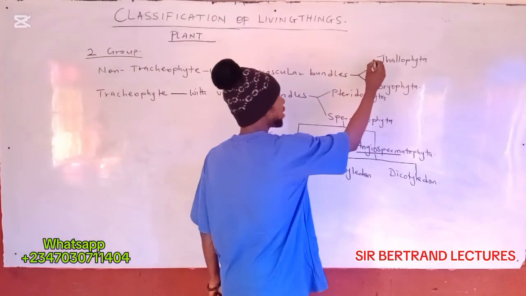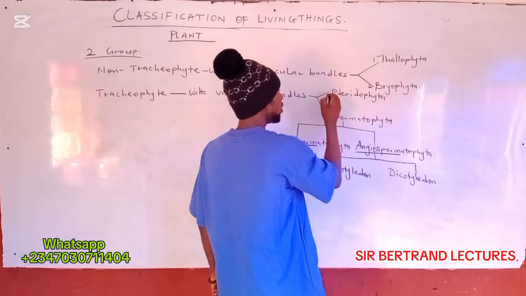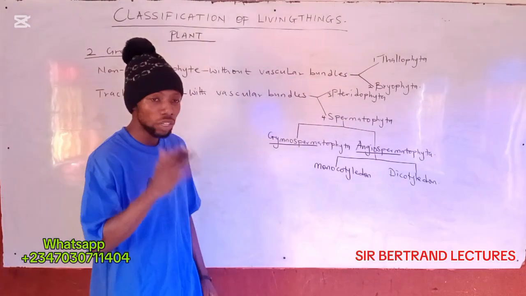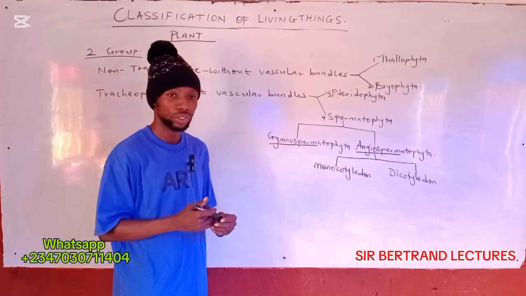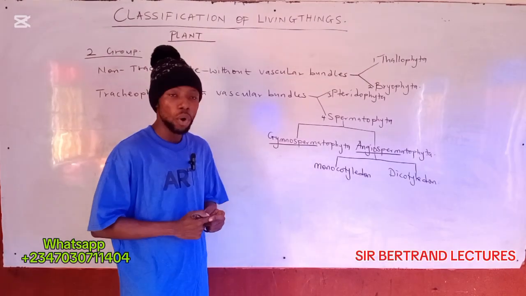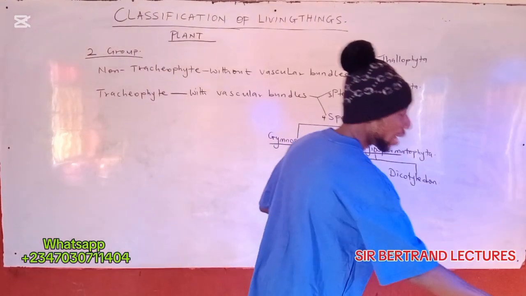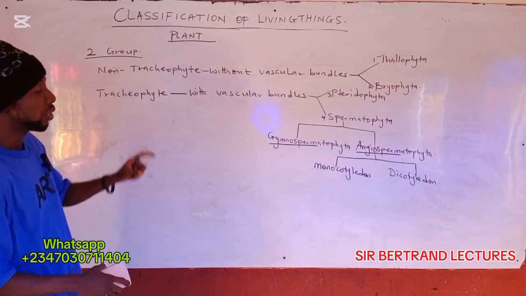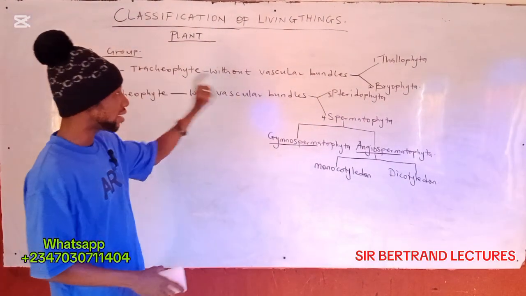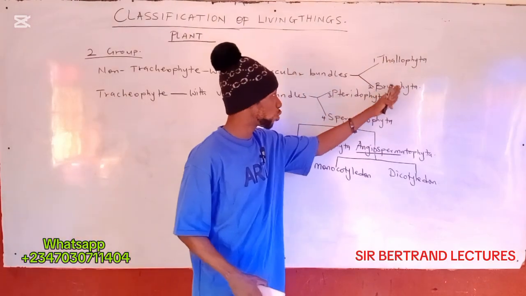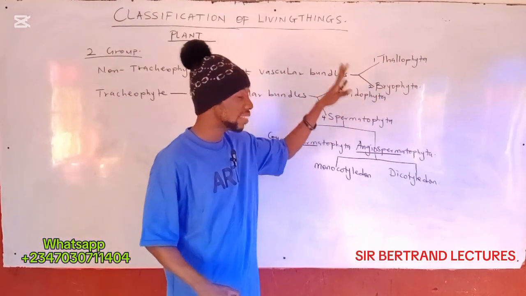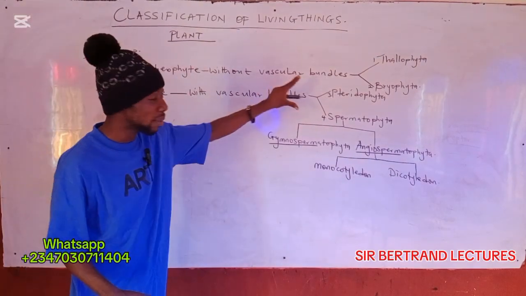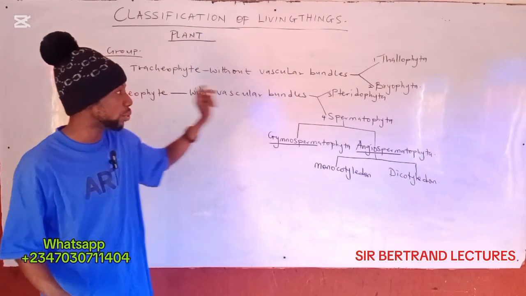Thallophyta, Bryophyta, Pteridophyta, and Spermatophyta are the four plant divisions we have in biology. Now let's look in detail at the features, the characteristics, and why these plants are categorized into different divisions, with respect to the absence and presence of vascular bundles.